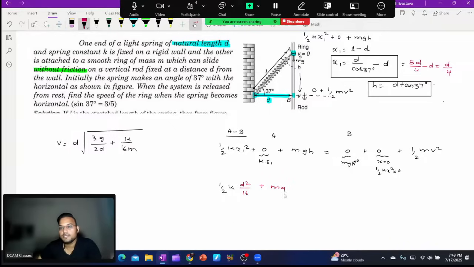Plus mg times d tan 37, which will be 3 by 4, is equal to half mv square.